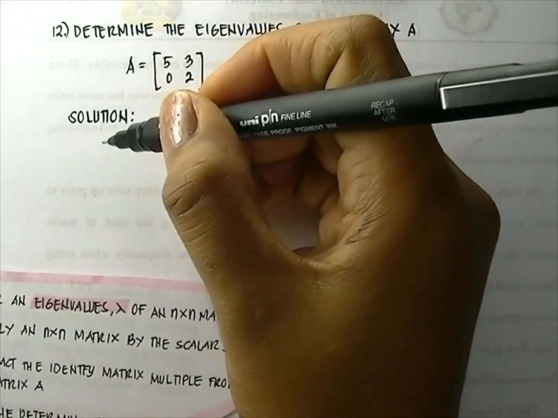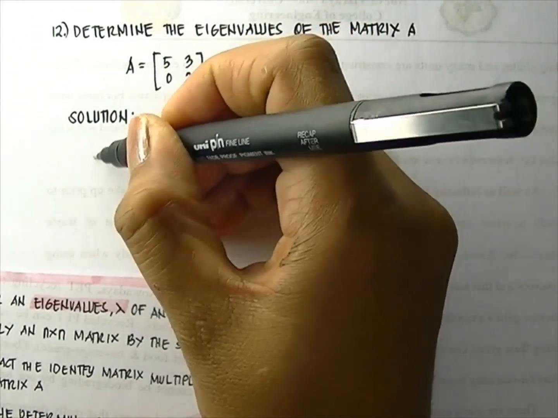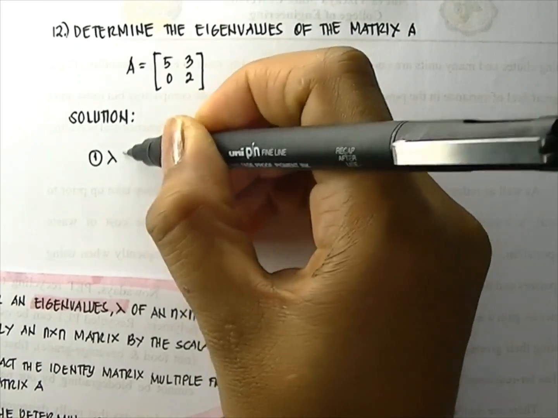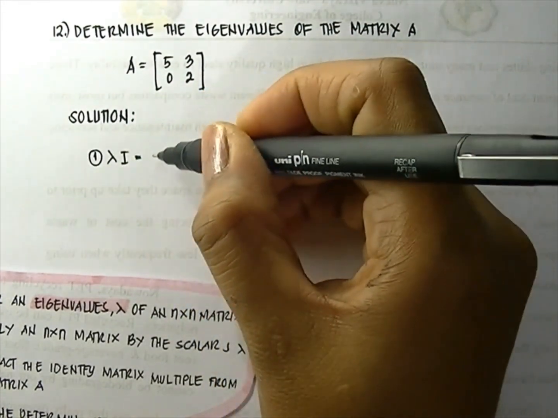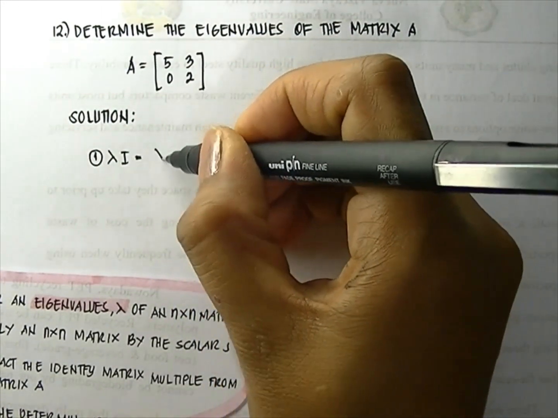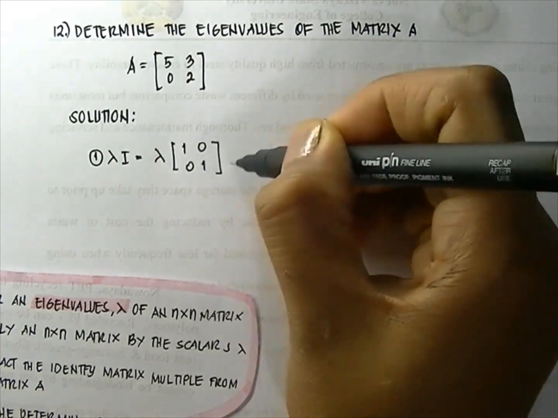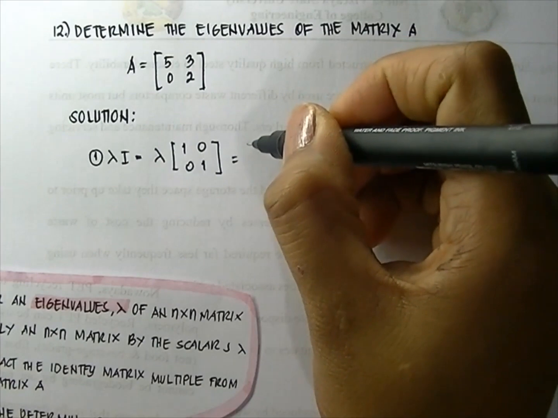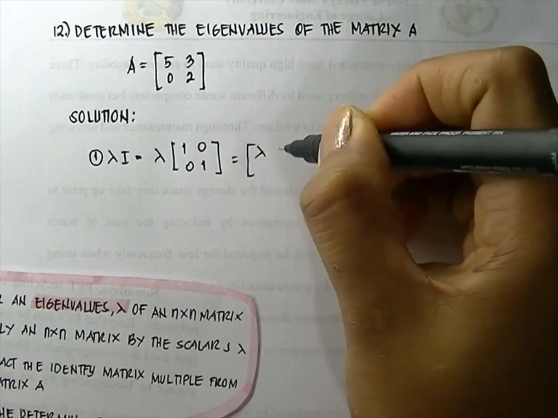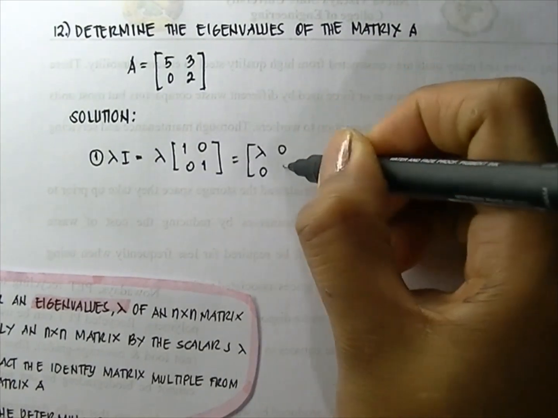So first, we have lambda multiplied to [1, 0; 0, 1]. Therefore, we have [lambda, 0; 0, lambda].